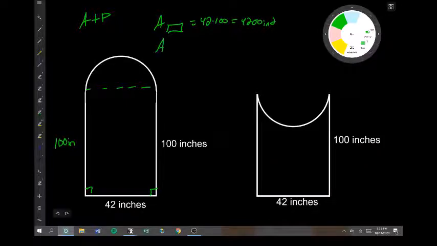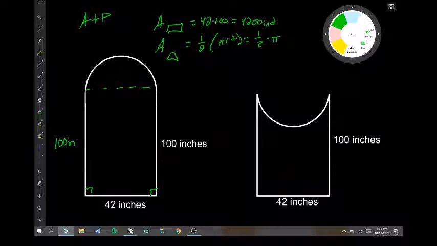To find the area of the half circle, I have to do 1/2 times the area of a circle, which is pi r squared, right? Area of a circle is pi r squared, but I'm cutting that in half because I only have half a circle. So I'm going to do 1/2 pi r squared, which is 1/2 times pi times whatever the radius is.